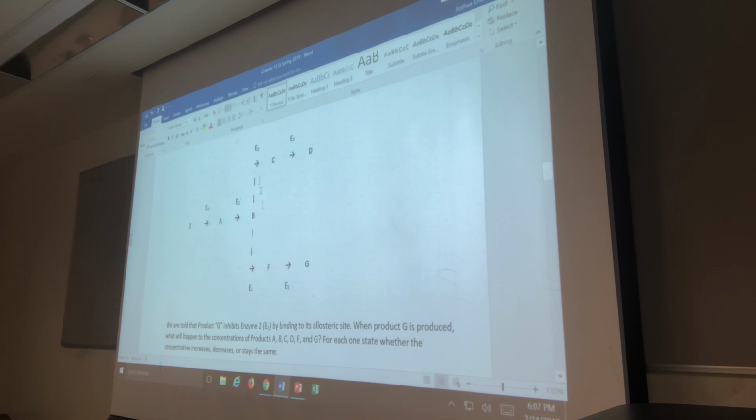If enzyme 2 is shut off, B no longer has to be evenly split between the top half and the bottom half. Now B is all going to flood down to the bottom half. What do you predict is going to happen to this substrate or product here? It should increase, right? Because before, with both pathways open, it was evenly split, 50-50.